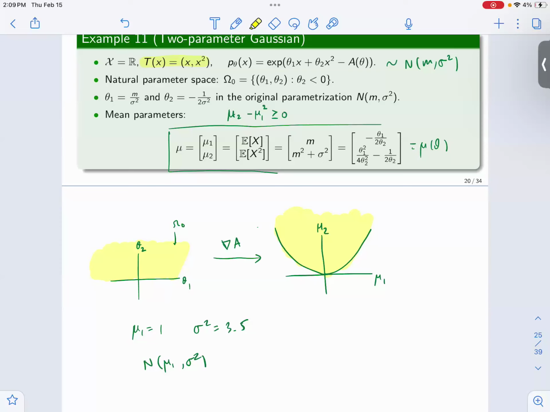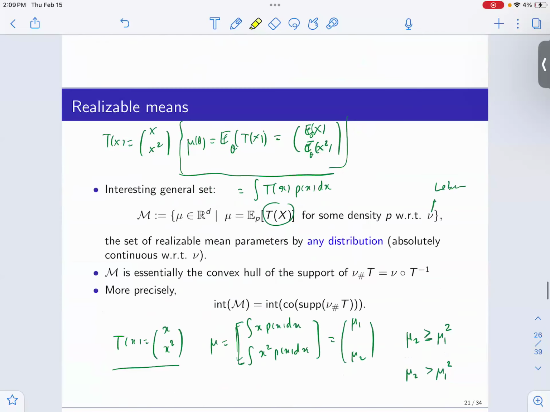And that set, what we call that set is this M. Let's call it, for example, the set of realizable mean parameters by any distribution that has some density with respect to the underlying measure.